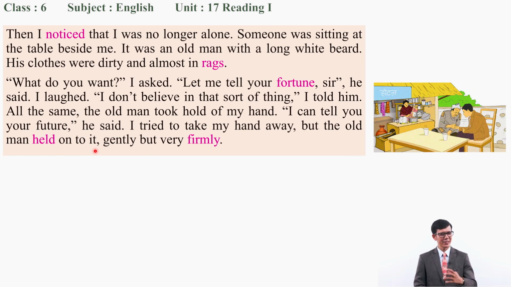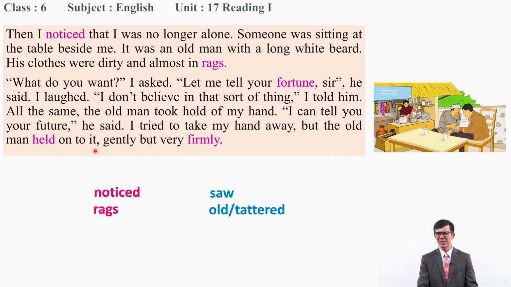So you might have also noticed these words there. Let's have a look at their meanings. Noticed means he saw that someone was there beside him. Rags means tattered clothes, that was the old man's clothing. Fortune means luck, future.